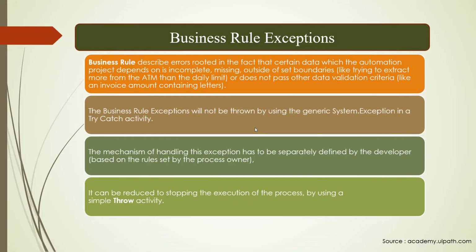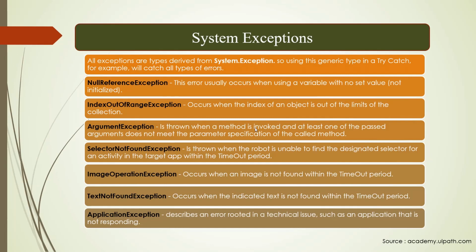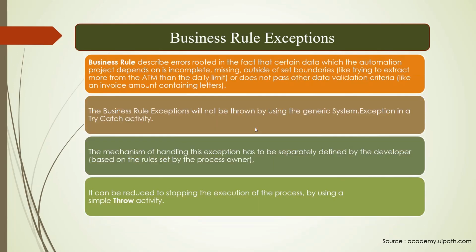Whereas in the case of a business exception, you have to explicitly throw it by looking at certain scenarios or conditions. A system exception is something the program will automatically throw whenever it is not meeting the criteria. A business exception is something which, as a developer, you have to explicitly throw.